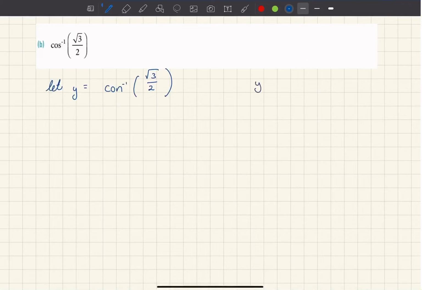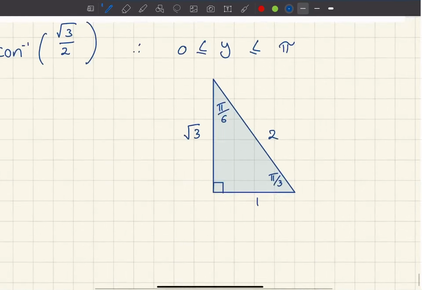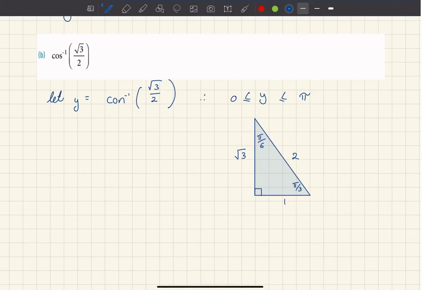So we say y is between, the cos function is 0 and pi. We are dealing with a cos function here, so let me just rewrite this a little bit.